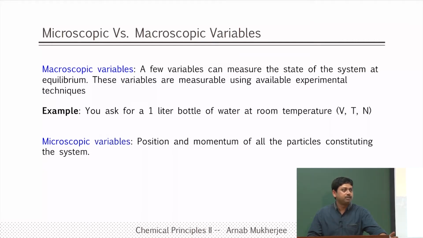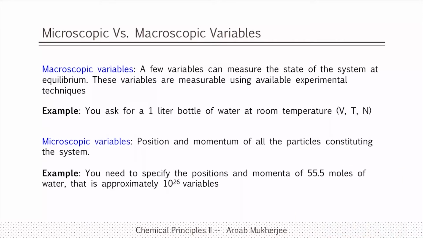So therefore 6 different variables. So typically for an n atom system we have to specify 6n variables. So that means for 1 liter of water, I have to specify almost 10 to the power 26 variables in a microscopic sense.